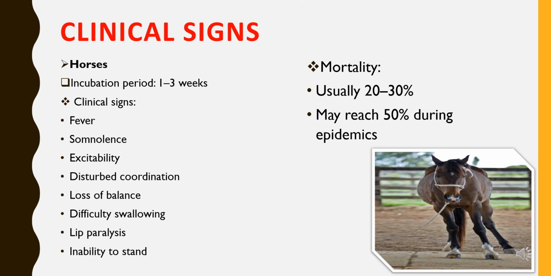We also use ELISA to detect IgM and IgG antibodies in serum or cerebrospinal fluid, CSF, along with epidemiological indicators like similar cases in horses in the same area.